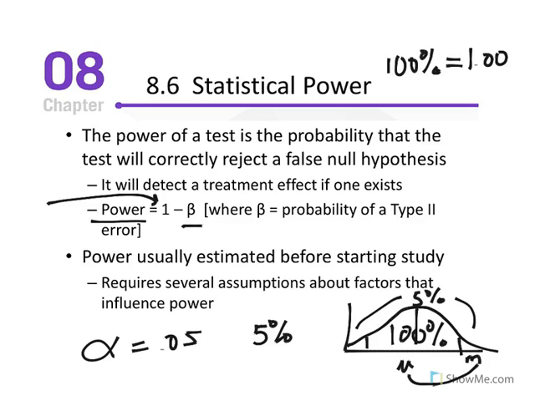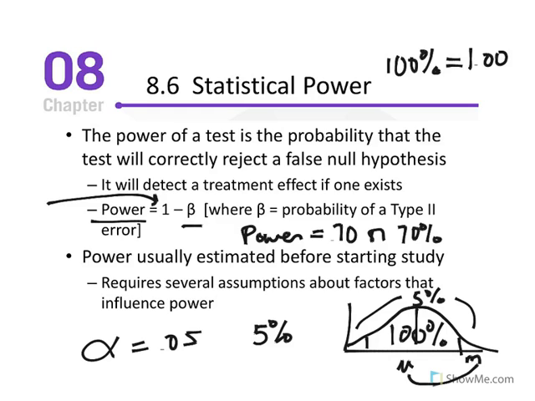For example, as we go through the example of computing power, let's just say that we concluded that power was equal to 0.70 or 70%. If that's the case, then let's figure out what beta is equal to.